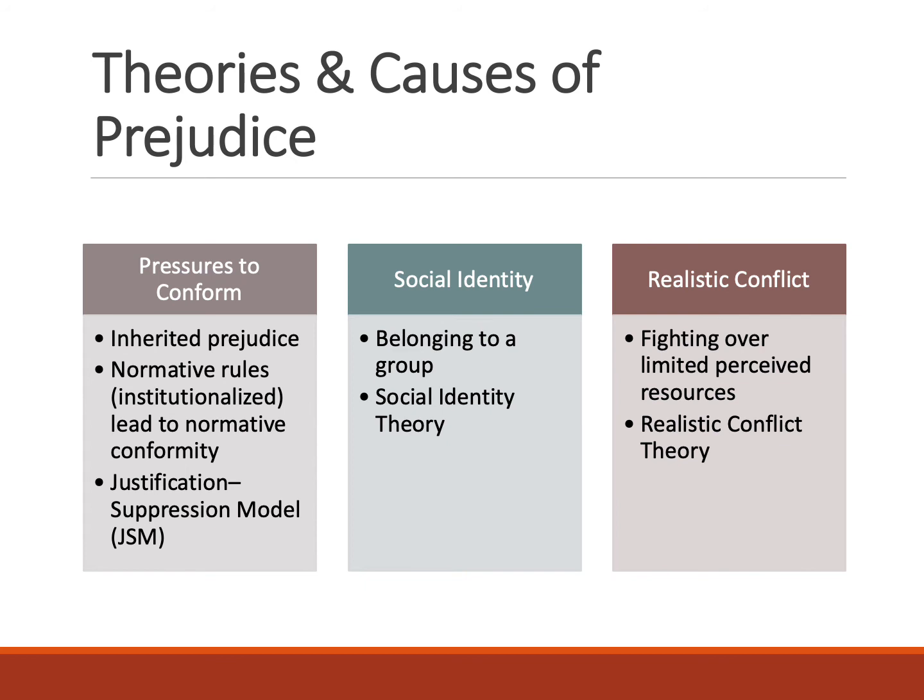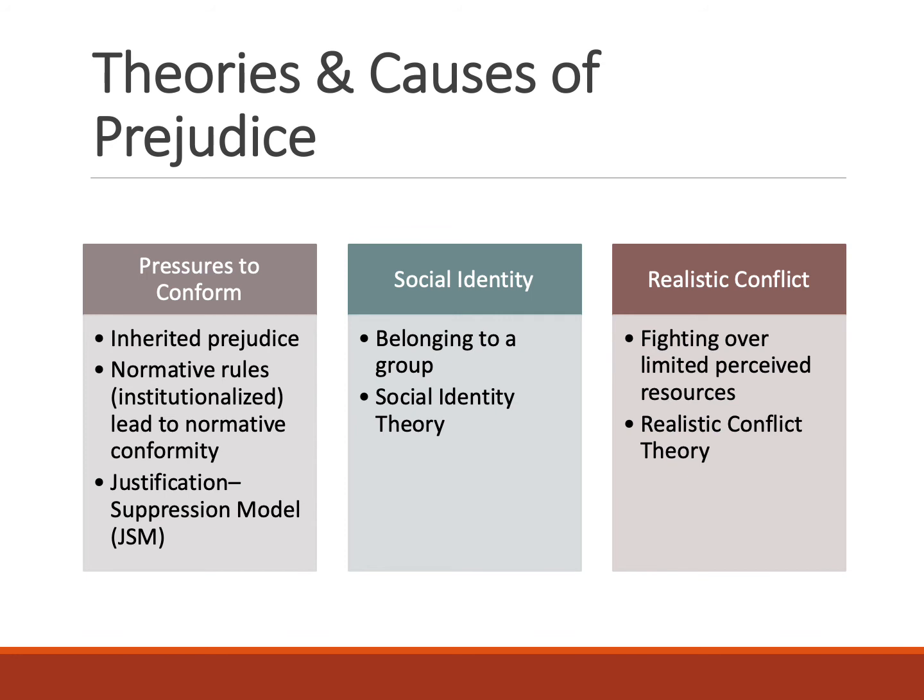So pressures to conform, this is inherited prejudices that people get from their parents or from other authority figures in their lives. These are normative rules that we learn, these institutionalized rules that lead to normative conformity. What is normative conformity? Well, that's when we conform because we want to be accepted and we want to follow the norms.